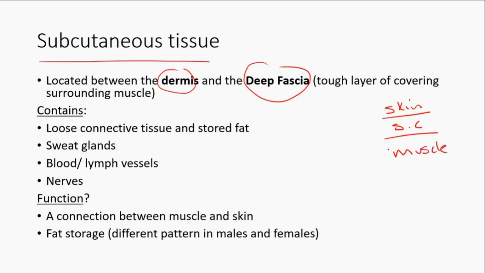The layer that covers your muscles is known as the deep fascia. It's kind of wrapping for the muscle so that it stays tight. So the subcutaneous tissue is located between the dermis and the deep fascia that's covering the muscles.